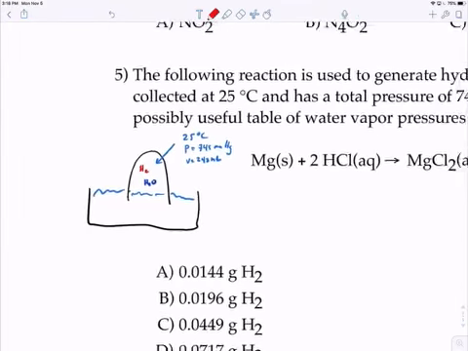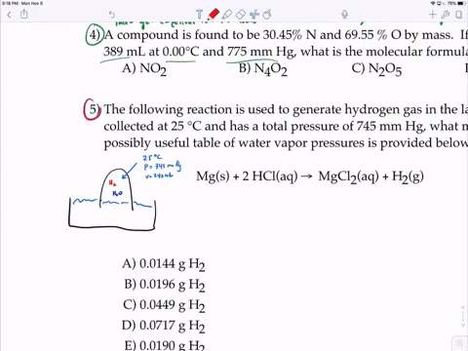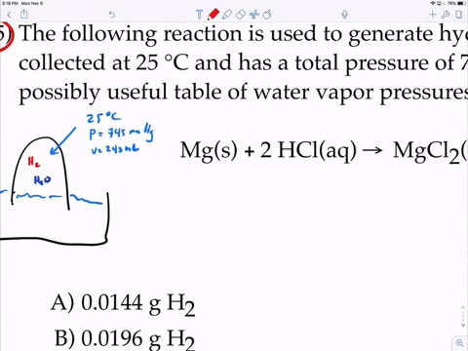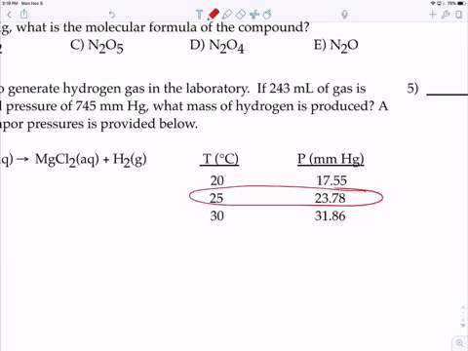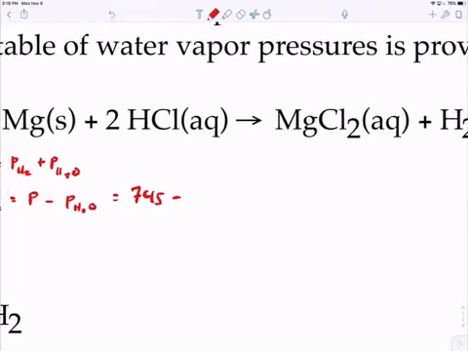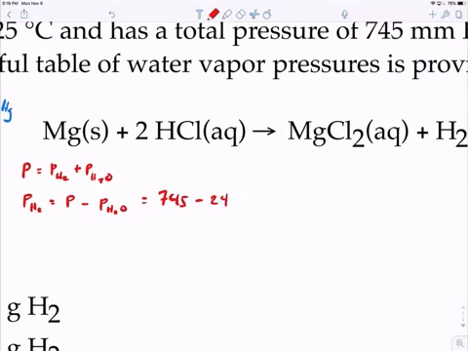So, what color should I use? I might as well just use red. So the pressure is actually going to be the pressure of the hydrogen plus the pressure of the water, or the pressure of the hydrogen is the total pressure minus the pressure of the water, equals 745 minus 24, which is 721.